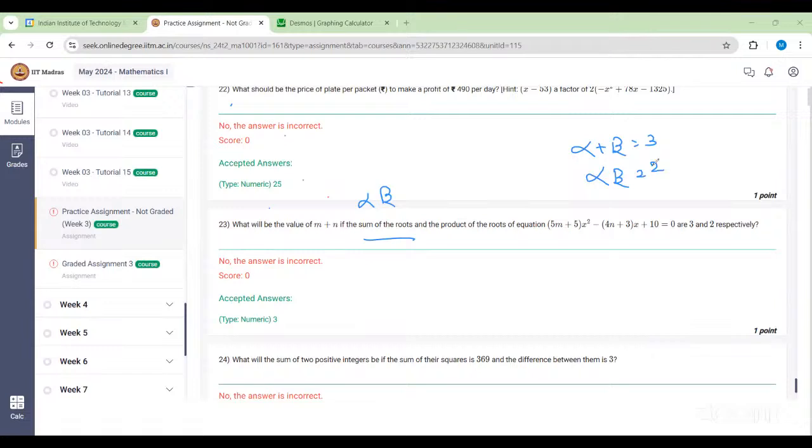So beta will be 2 by alpha. Substitute here, you'll get a quadratic expression, find the value of alpha, and get the value of beta with respect to that, and you'll get the explicit expression. Compare that expression with this expression, then you will get the values of m and n, and m plus n.